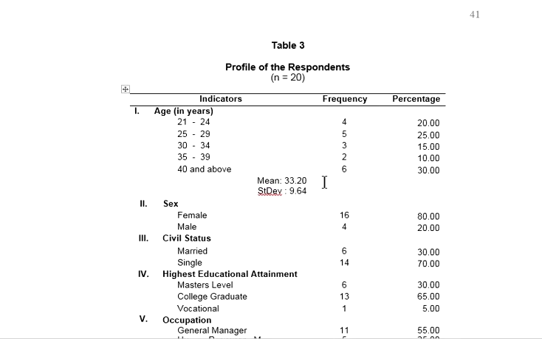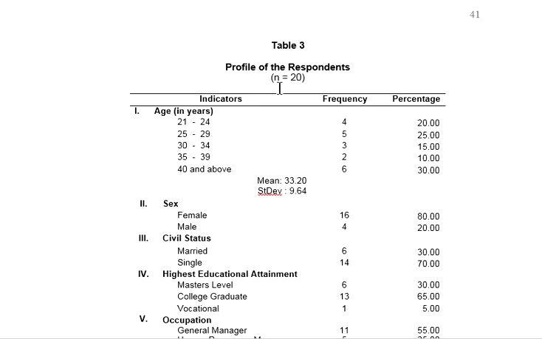In this table, you have written here a small letter n, which means only a sample size. So I have 20 respondents. If it is a capital letter N, it means that it is the total population. For example, your respondents are all the people within Kandihay.